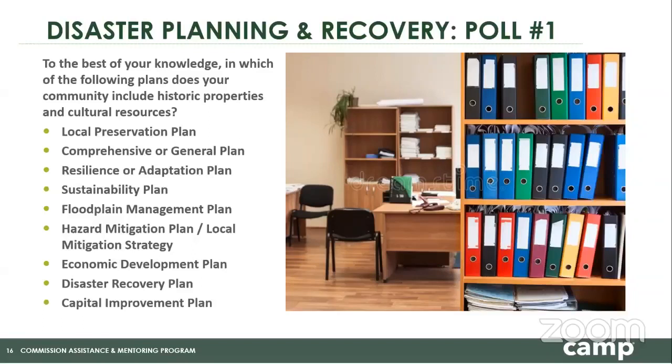How about in your comprehensive or general plan? Have you incorporated historic resources there? No. Here's one. Do you have a resiliency or adaptation plan in place? Okay. Again, that's a great opportunity to fold in historic resources, a sustainability plan.